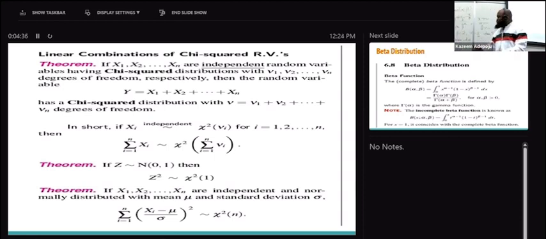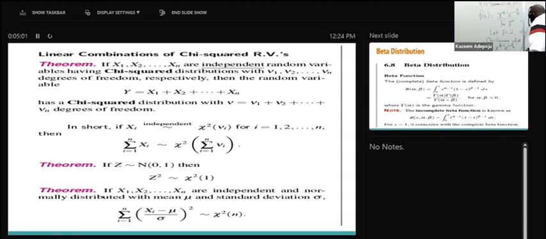So if I want to rewrite this gamma now, when I plug in beta equal to 2 and alpha equal to v over 2, of course I'm going to have a chi-square distribution. So now this is going to be x raised to power v over 2 minus 1, exponential raised to power minus x over 2, divided by gamma of v over 2 times 2 raised to power v over 2.